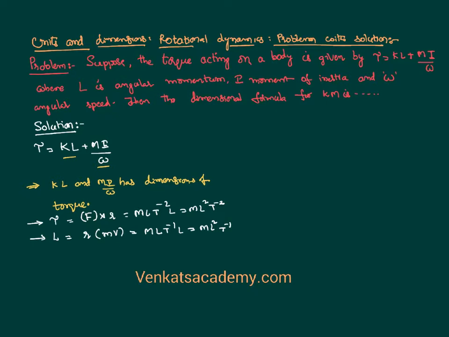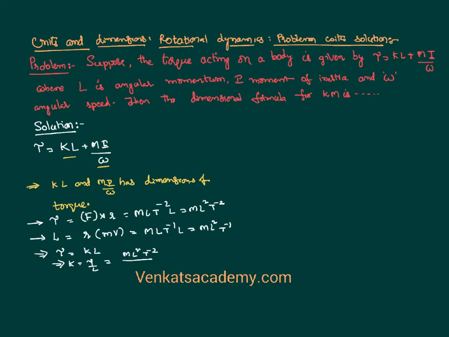Now let us use the concept that torque has the same dimensions as KL. I know torque and I know L. Then I can write the dimensions of K as torque by L. Torque has the dimensions of M L square T power minus 2.